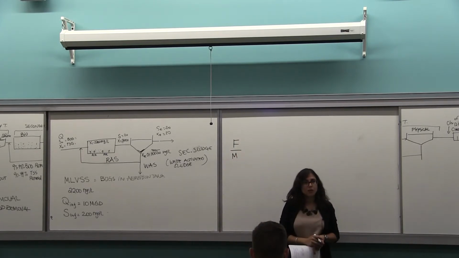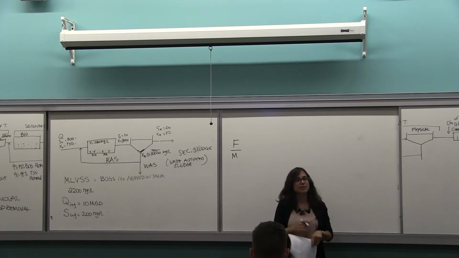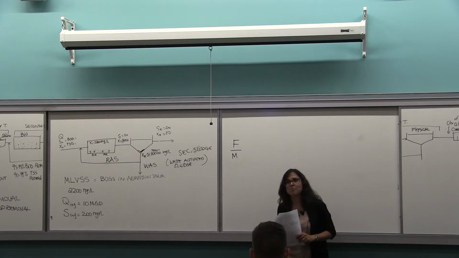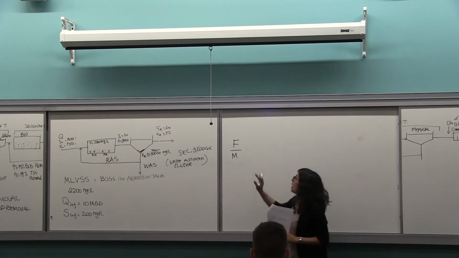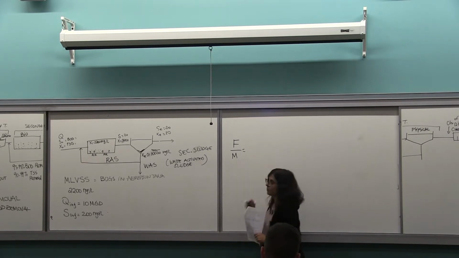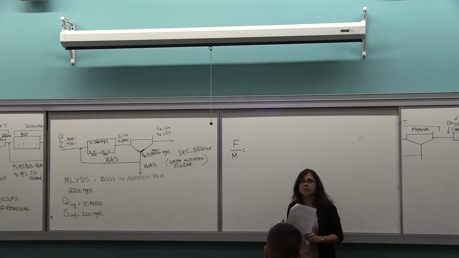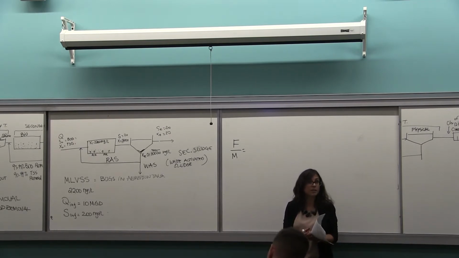Food over microorganism ratio is a design parameter, actually more of an operational one, but it can be used for design. What is the food? The BOD that comes in for the bugs to eat is the food.